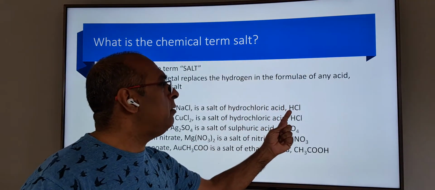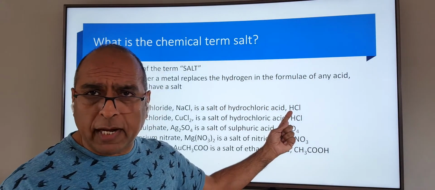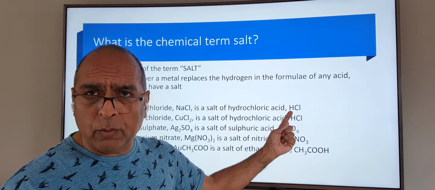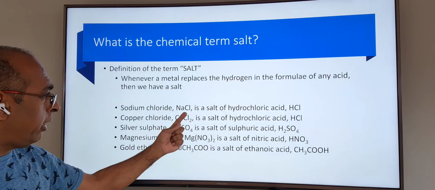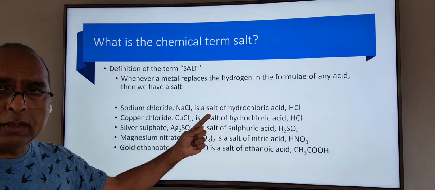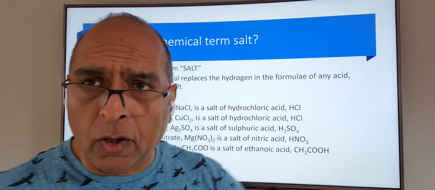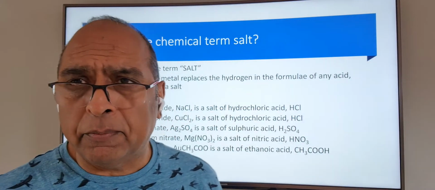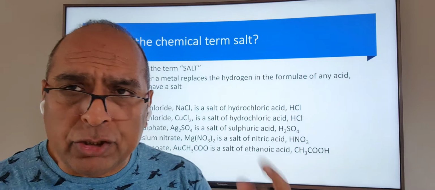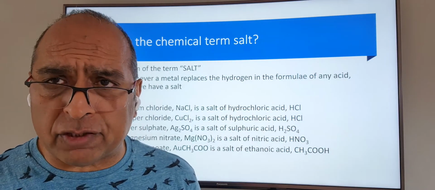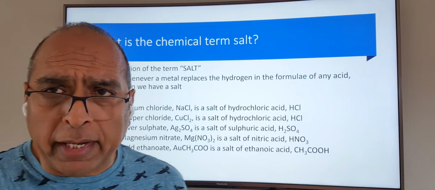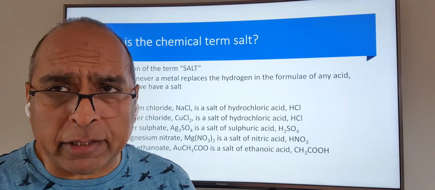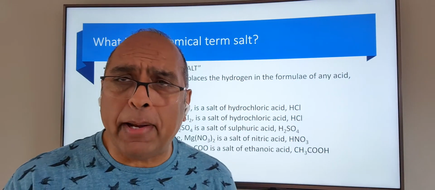Well, if you put sodium there instead of the hydrogen, it would make sodium chloride. Sodium chloride is a salt. Now, that happens to be the salt we sprinkle on our food and put on our fish and chips, etc. But it's just one of thousands of salts that we have in chemistry. The sodium chloride, household salt, is a chemical salt, but there are many others.